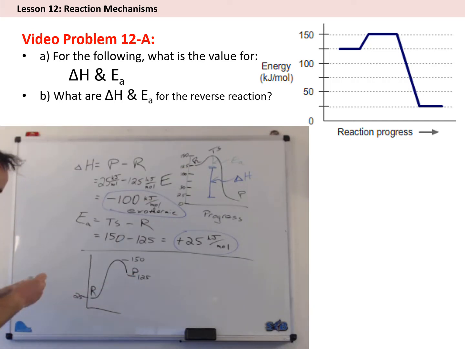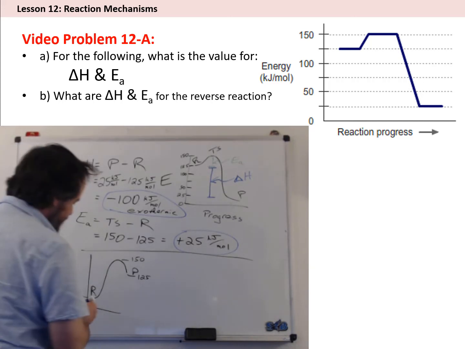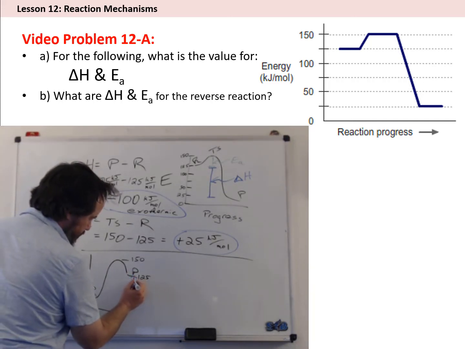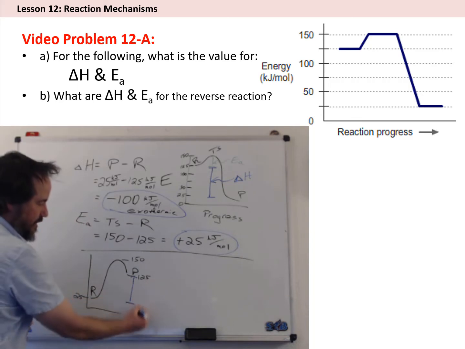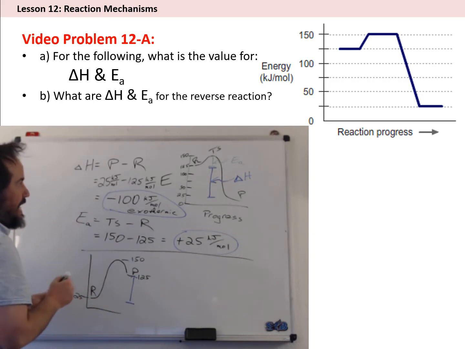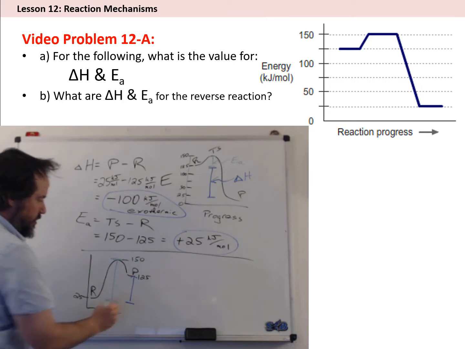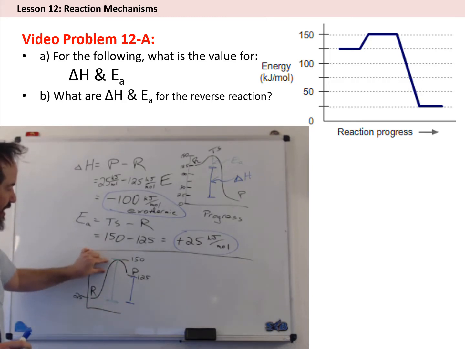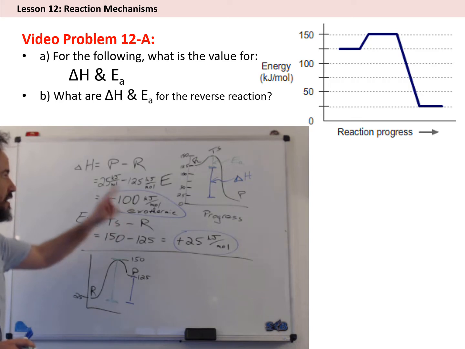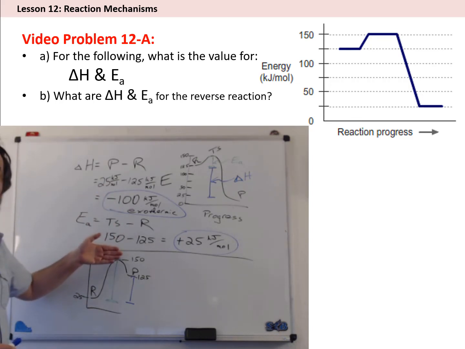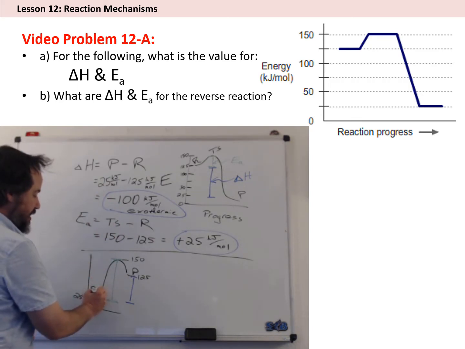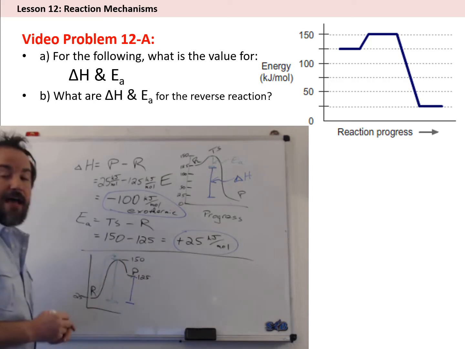And now I can go ahead and label my delta H, which is this difference, and my EA, my energy of activation, is this difference. Okay? It's not just this bump, because activation energy is from reactants to transition state. It's the energy to get over that.